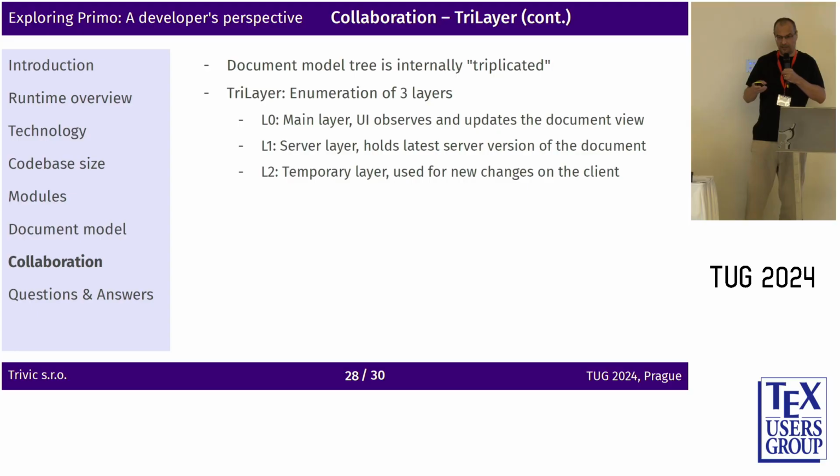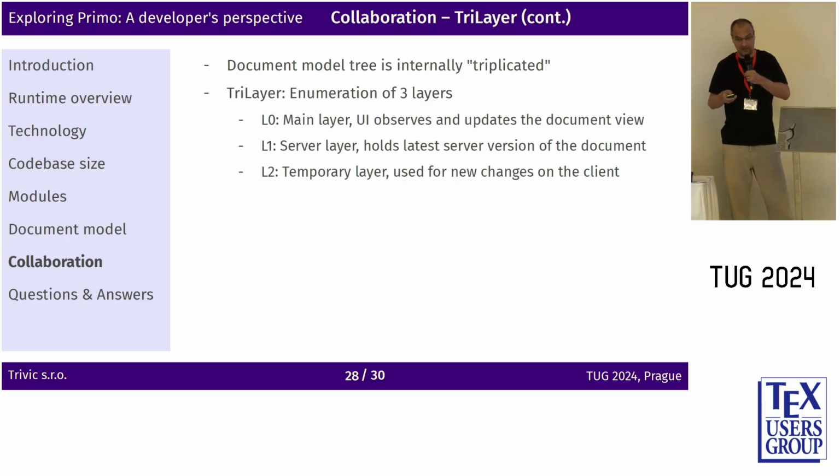The first layer, layer 0, is the main layer which the UI observes and updates the document. The second layer is the so-called server layer, which holds the latest confirmed server version of the document. And then we have a temporary layer, which I will explain.